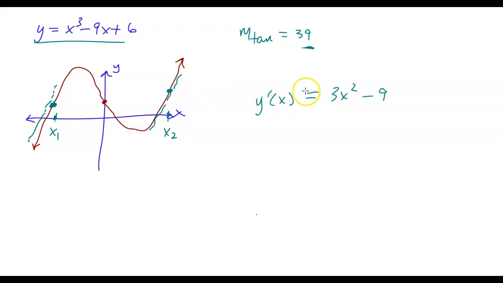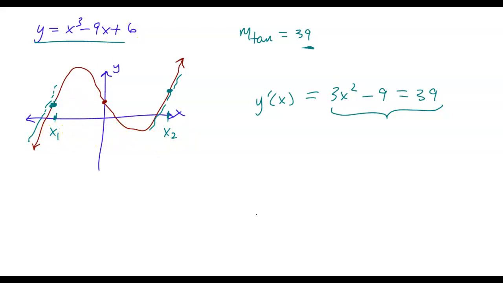The derivative of this function is going to have to be equal to 39. So we have that 3x squared minus 9 is equal to 39. What this tells us is that we need to solve this equation for x so that we can figure out these x value locations.